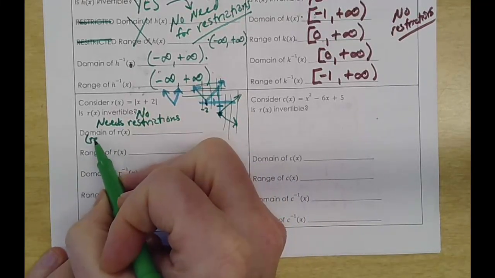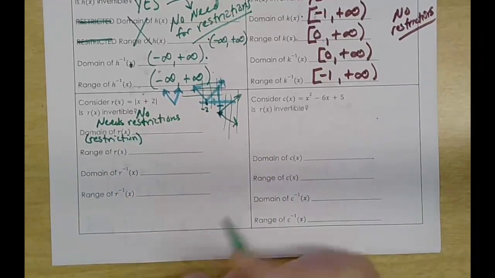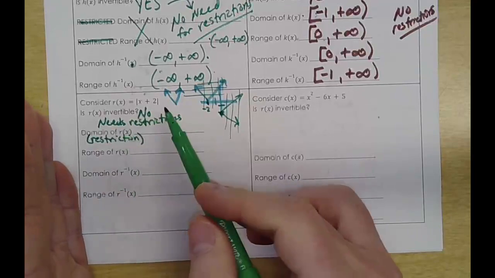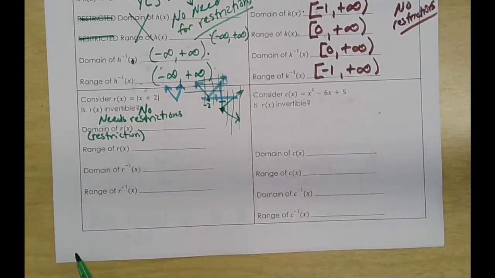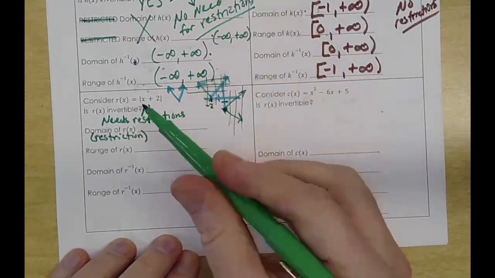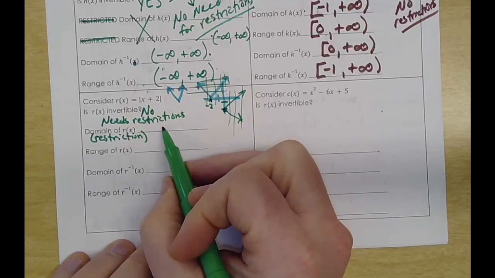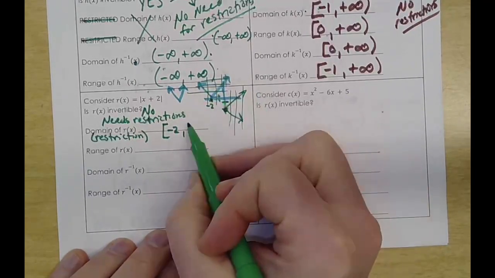So this one needs a restriction. We're going to count either the left half of the V or the right half of the V, and -2 is going to be sort of like our dividing line. All right, let's say I'm going to choose the right half, the positive half. Then I want it to only count from -2 and up.